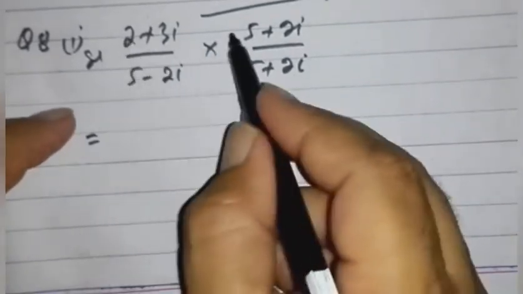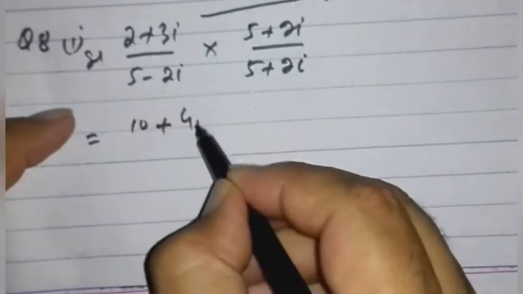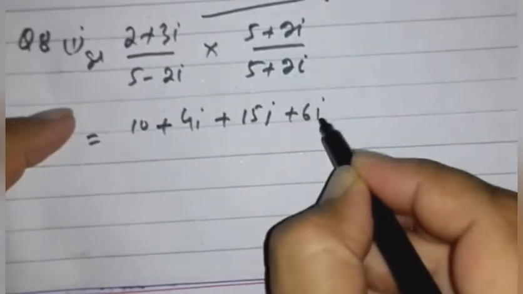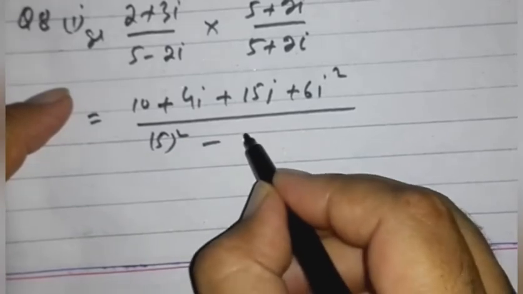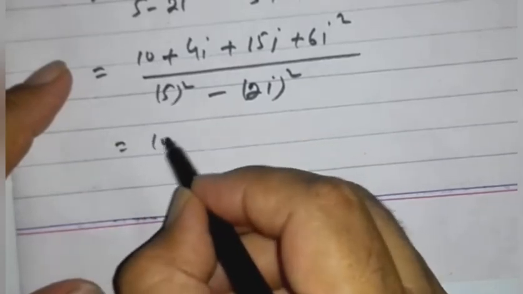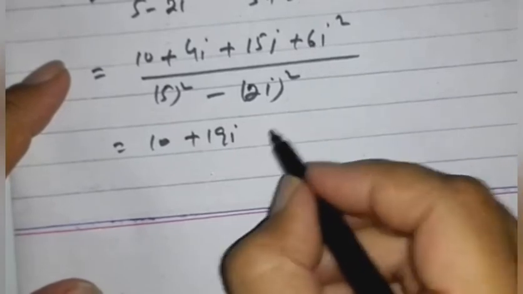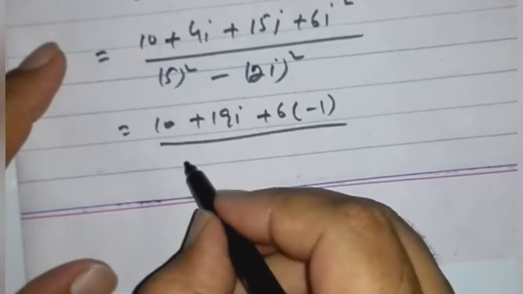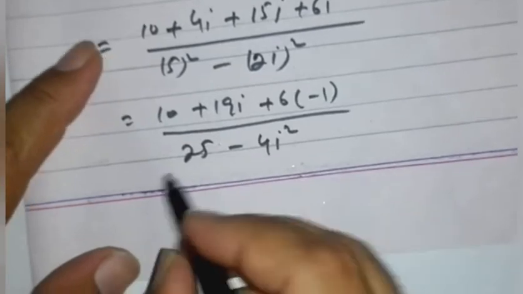Multiply these two. 5 2s are 10, 2 2s are 4 iota, and here 3 5s are 15 iota, and 2 3s are 6 iota square. And we can write it 5 square minus 2 iota whole square. Now here we get 10, 15 plus 4, 19 iota, and here 6 iota square, the value is minus 1, divided by 25 minus 4 iota square.